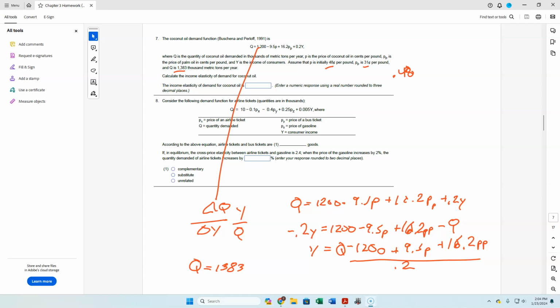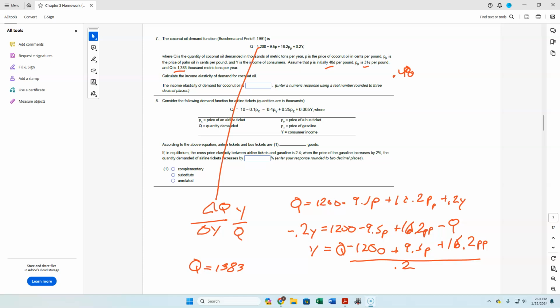The problem that you could run into is that it's stating here that the price is in cents per pound. So technically, if you're doing this in the problem set, unfortunately, the book I don't think is designed to take either, so that would mean you're going to have to put 48 as your actual P and 31 as your actual price here.